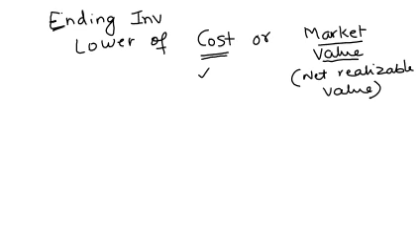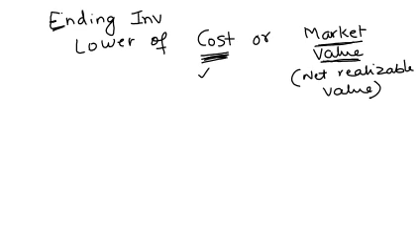So all we are doing in this principle is to use the lower of the cost or the market value always to report the ending inventory, and this is an evidence of conservatism in accounting. We are not using the higher number, but we are using the lower number.